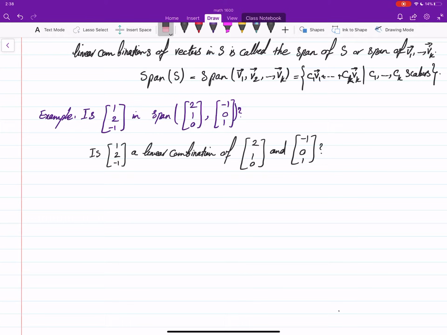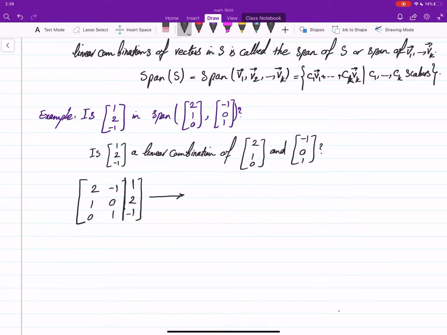And remember, how do we check this thing? Yes, you form the augmented matrix with columns (2, 1, 0) and (-1, 0, 1), and put the vector v on the right-hand side, (1, 2, -1). Try to solve this.